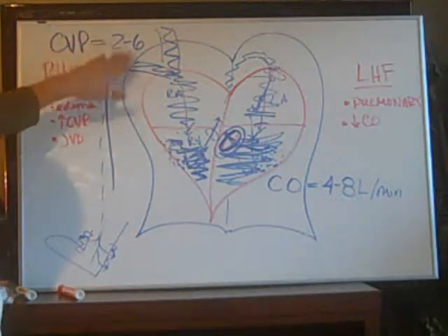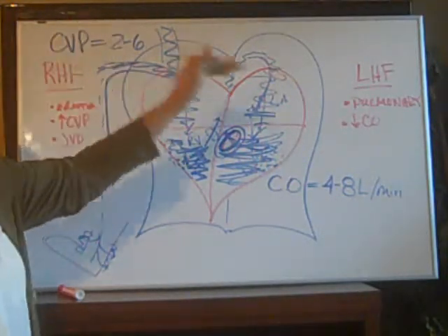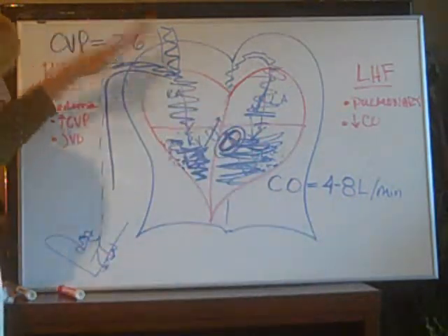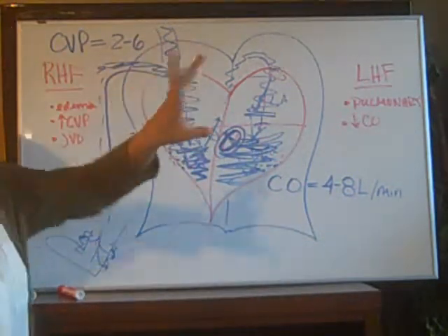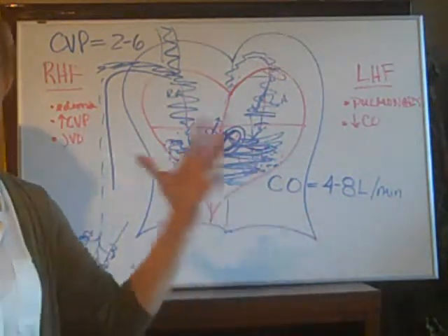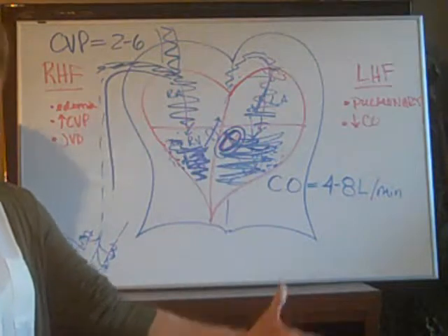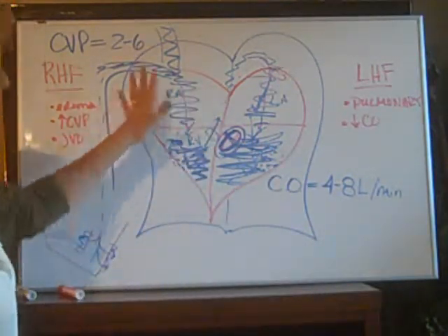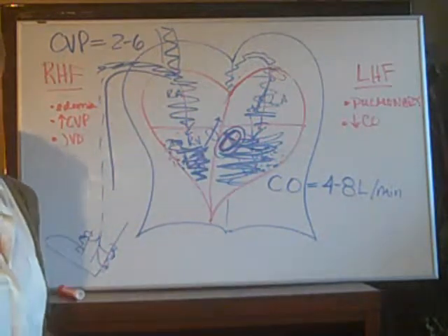So when your CVP, your central venous pressure, starts elevating, one of two things is occurring. Either they're hypervolemic, for some reason they're getting way too much fluid, or the right side of the heart is not working and it's all starting to back up, and oftentimes it's both.